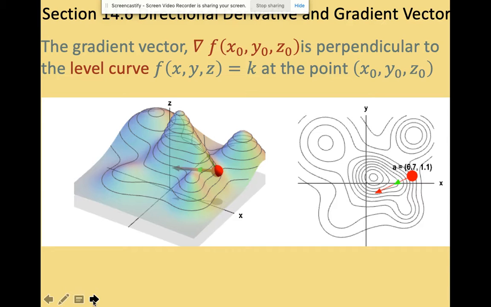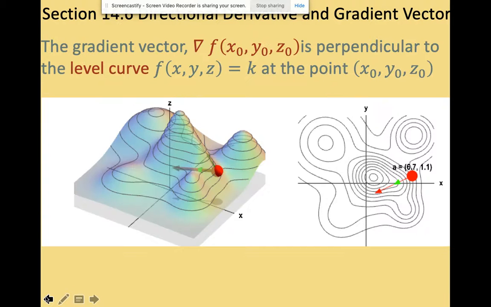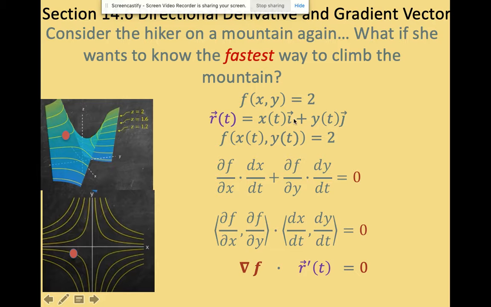It's going to help me think about a new way to think about the tangent plane. Your gradient vector is always going to tell you the fastest way to climb the mountain, and this should make sense. If you're going in the same direction as your tangent vector, what does it mean when your dot product is, for instance, equal to 1?